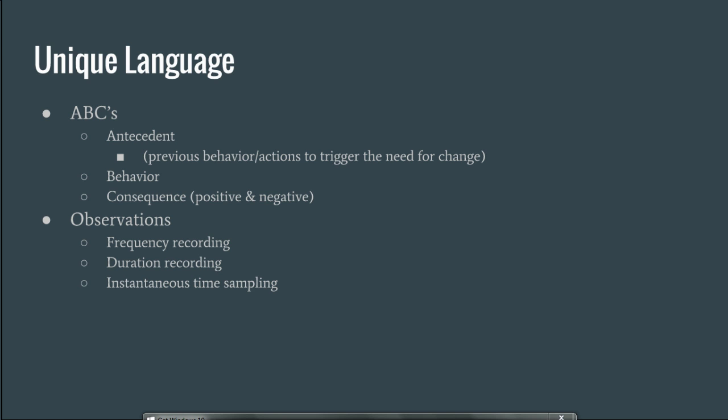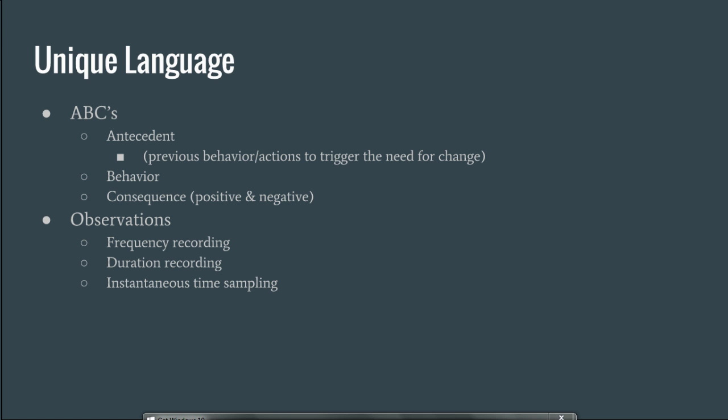A lot of people associate consequences as always being negative, but they can actually be positive as well. We also have our observations, which include these three: frequency recording, duration recording, and instantaneous time sampling. Frequency recording is counting and recording each occurrence of behavior within a certain time frame. It's most commonly used with behavior that occurs at a low rate or in small amounts of time.